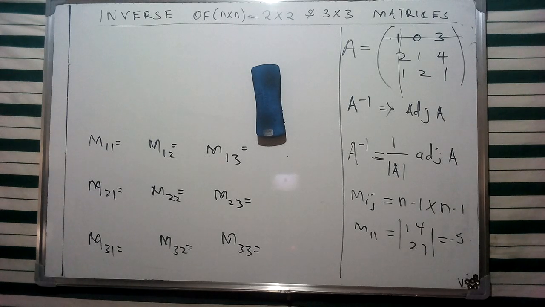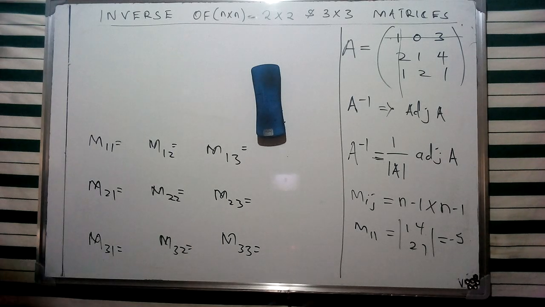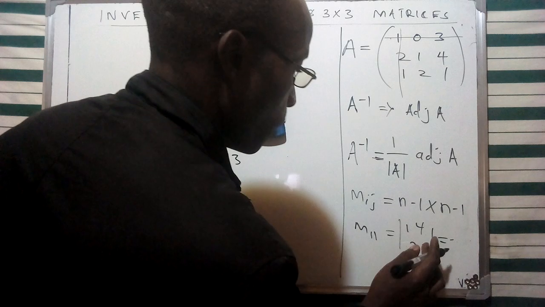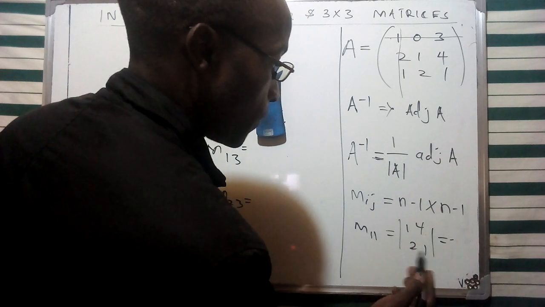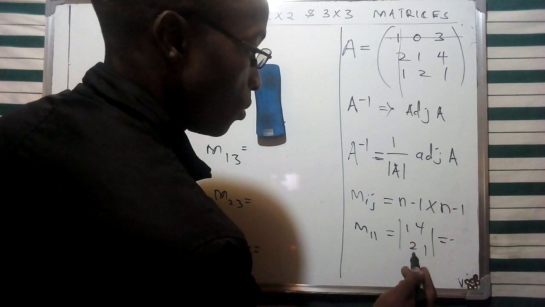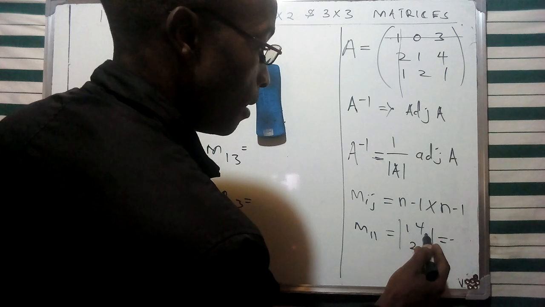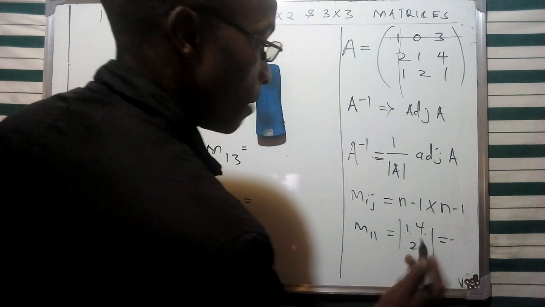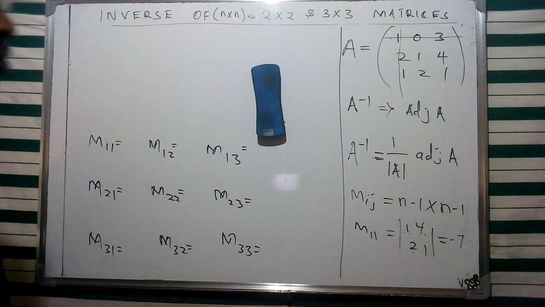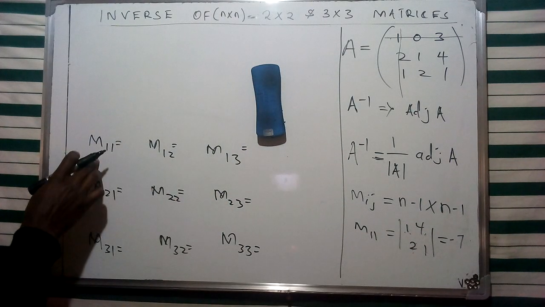Sorry for that, this product is wrong. So this is 1 minus 8, basically. 1 times 1 is 1, 2 times 4 is 8. So 1 minus 8 is negative 7. So the value of negative 7 is going to be my first minor.